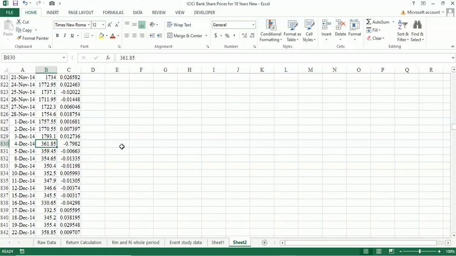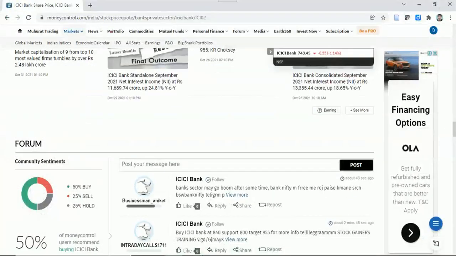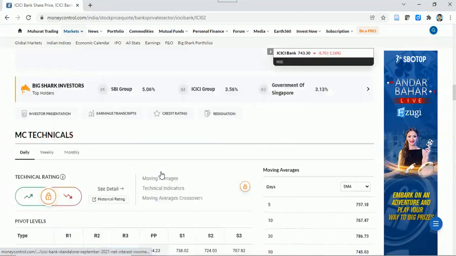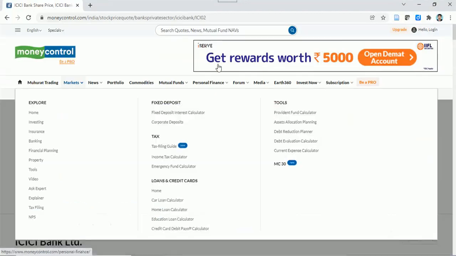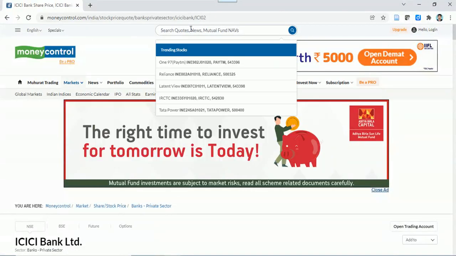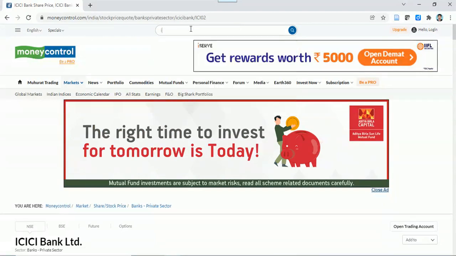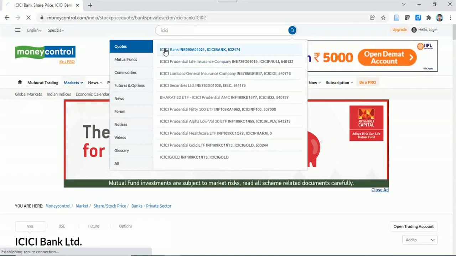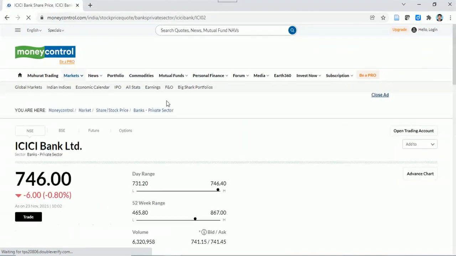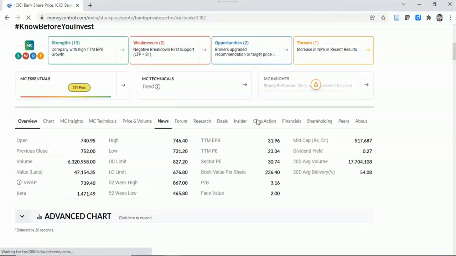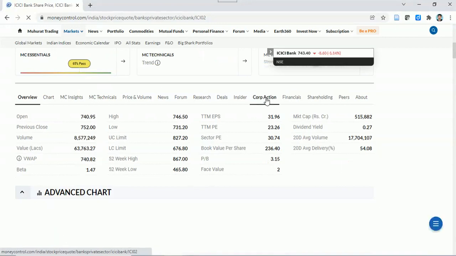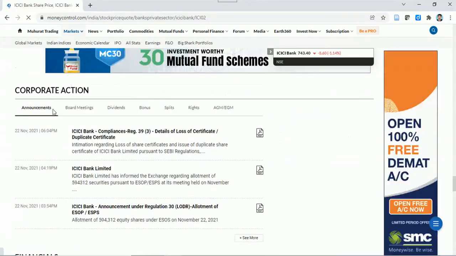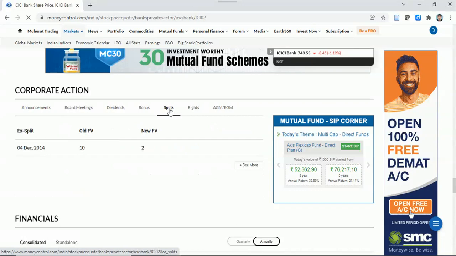So where can we get that? There are different sources. One of the sources is the Money Control website. You can go there and search for ICICI Bank, go to the corporate actions of ICICI Bank, and select splits.